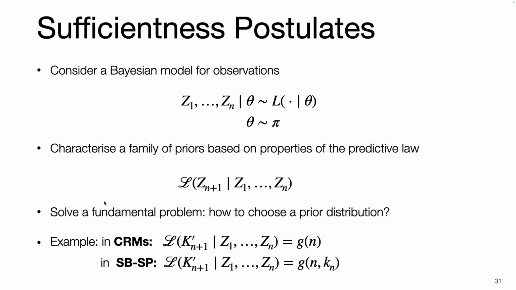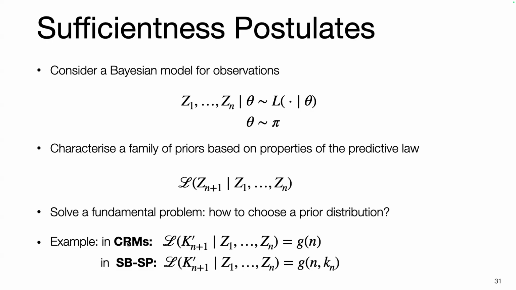Why is it important? Apart from being mathematically an interesting problem, it also gives a principled way to choose a prior distribution, because it is often easier to reason about predictions than it is to reason about priors, especially in nonparametric models. The specific characteristics of the predictive distribution that I will be talking about are related to the distribution of the number of new features displayed by observation n+1.